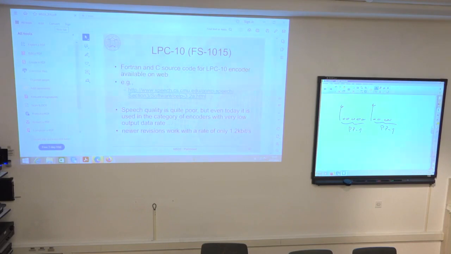So the only requirement is that the other side should be able to understand what you are telling, and not that you should sound nice or in high quality. So that you don't maybe misrecognize what you have said. The newer revisions of this standard work on a twice lower rate, so 1.2 kilobits per second. So they are capable of encoding intelligible speech with only 1,200 bits per second.